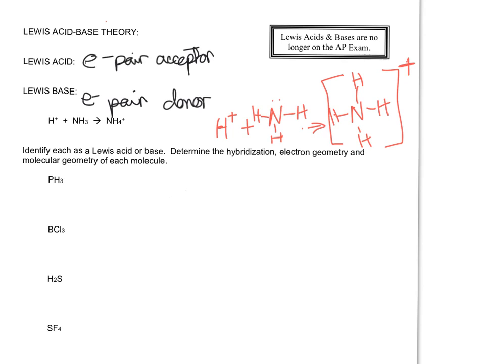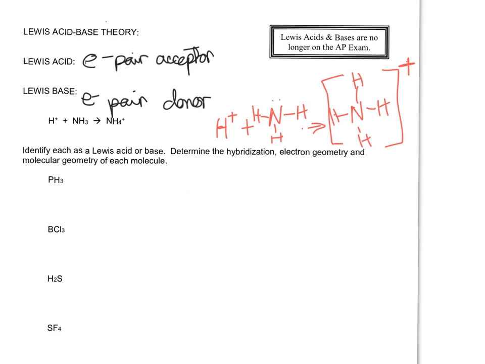So here it is: the H plus, the ammonia, NH3, with the lone pair on the ammonia, yields NH4 plus. In this case, the H plus is an acid because it's an electron pair acceptor, and the NH3 is a base because it's an electron pair donor.